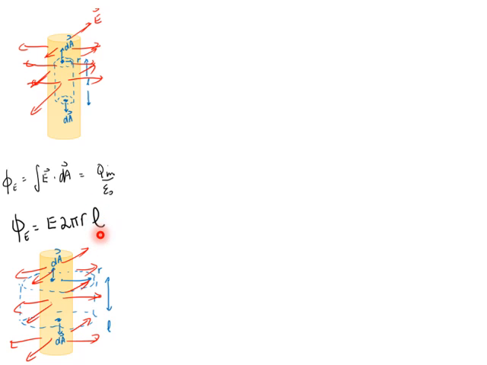Next, we have to deal with the Q inside. That's going to be different whether we're inside or outside the cylinder. So let's start with r less than capital R, which was the radius of the cylinder.